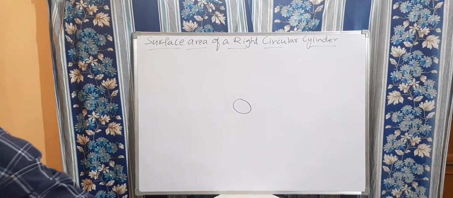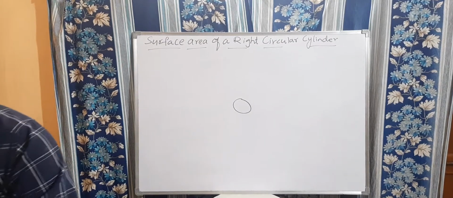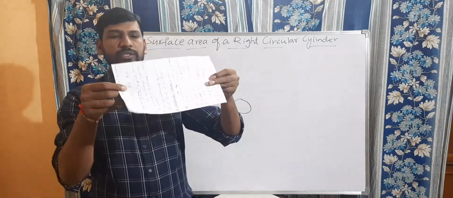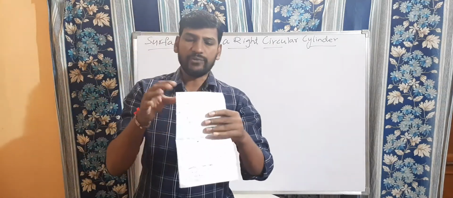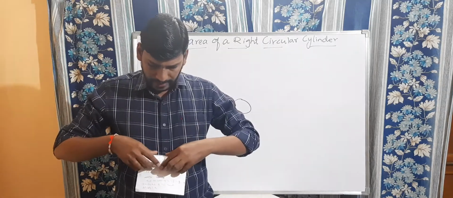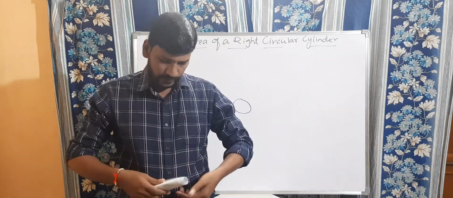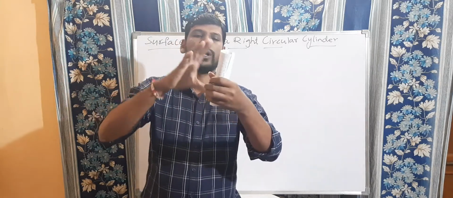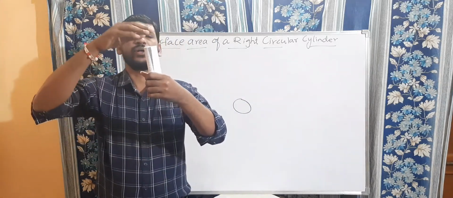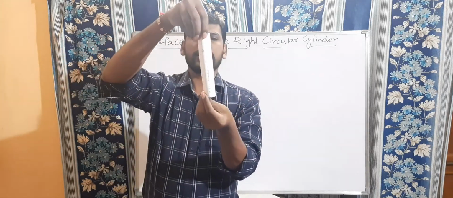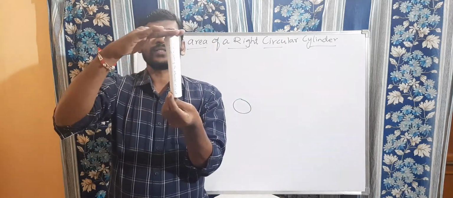See this here, I have a small rectangular paper. I am folding along the length, like this. Along the length, I fold the paper and you will get a right circular cylinder. Here, see this, this is the height. One circle is the top.